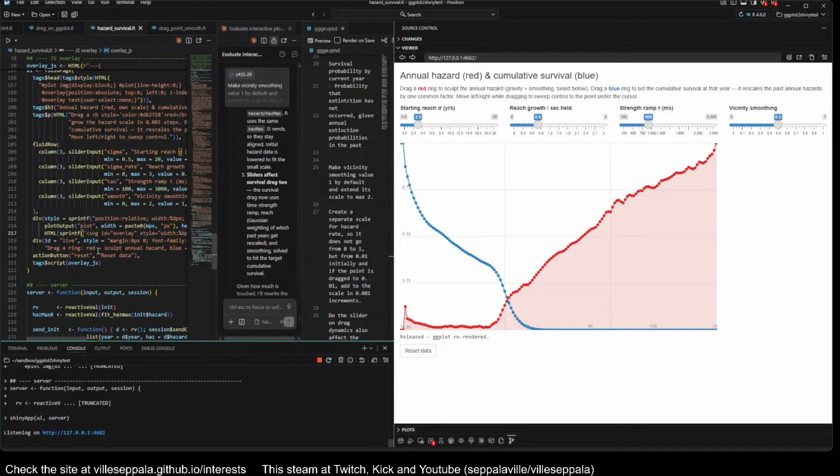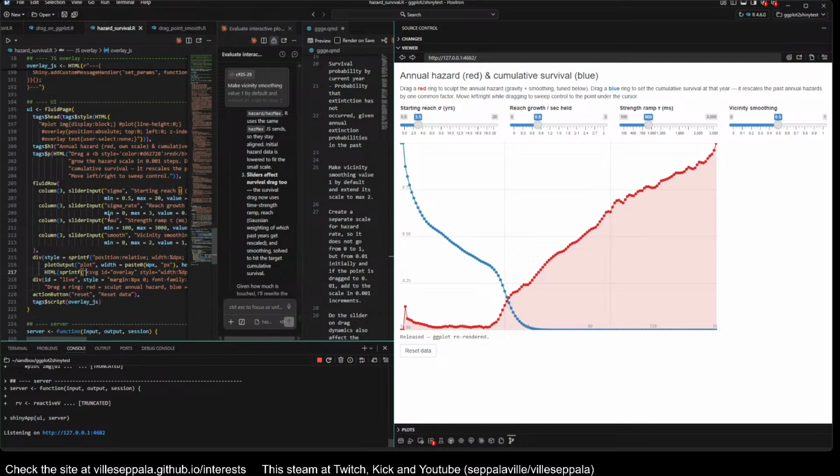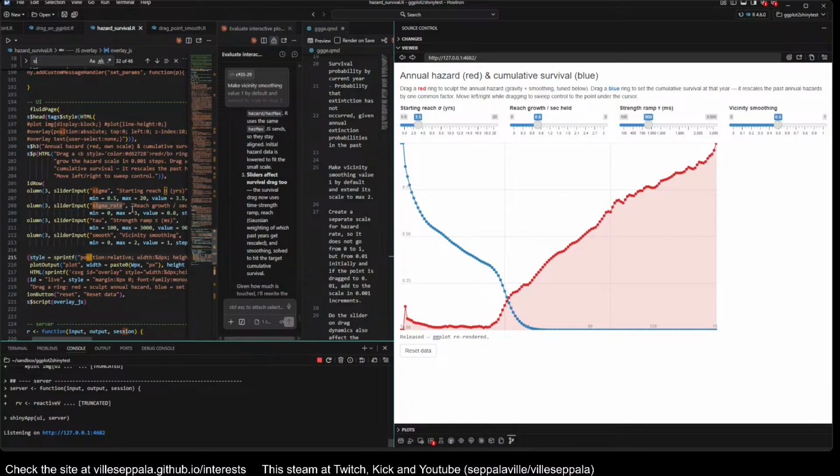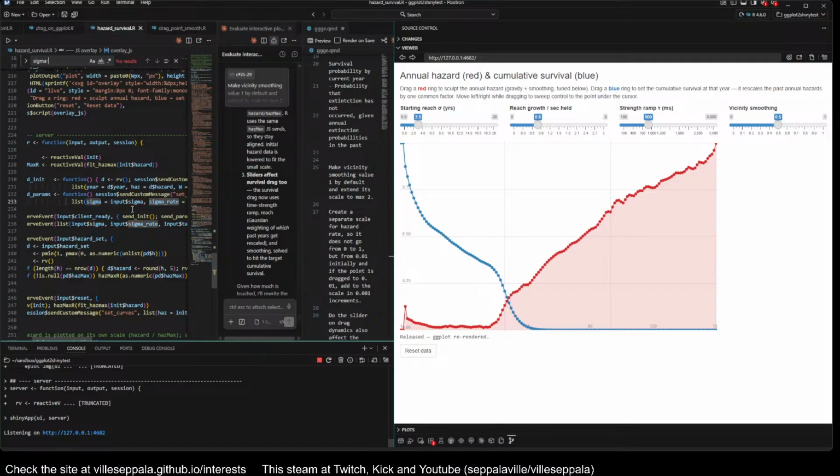Maybe they go back to the JavaScript later. So let's look at, for example, the sigma rate. Where does it go? Well, they have a function here. It's just for send custom message.